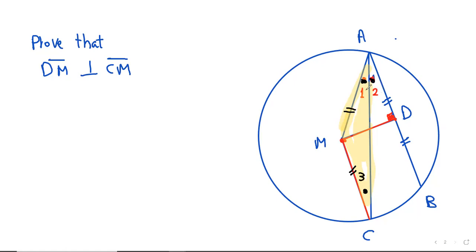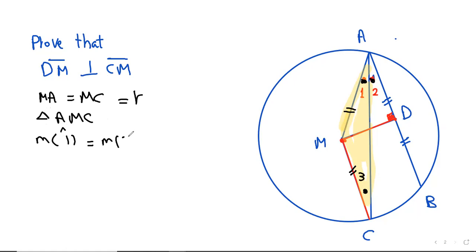Once again, MA is a radius. MA equals MC equals R. So in triangle AMC, the measure of angle 1 equals the measure of angle 3. The triangle is an isosceles triangle.